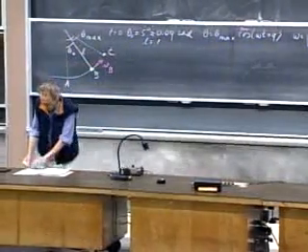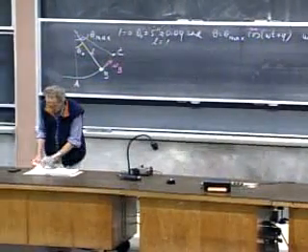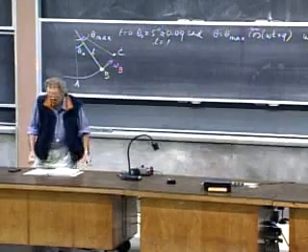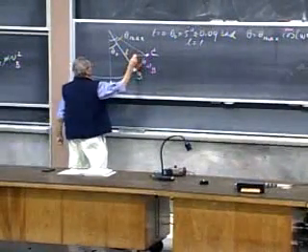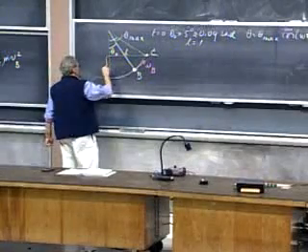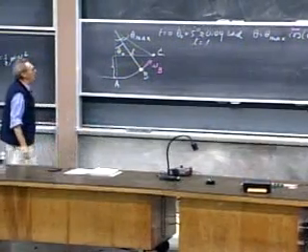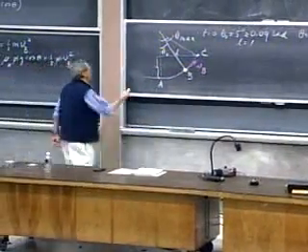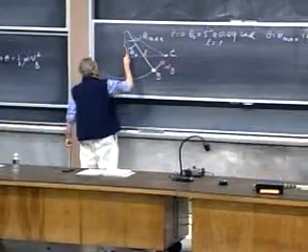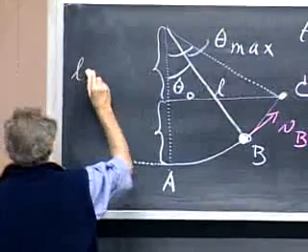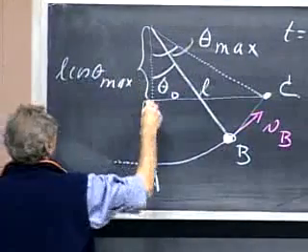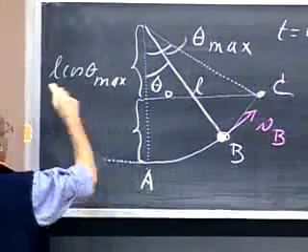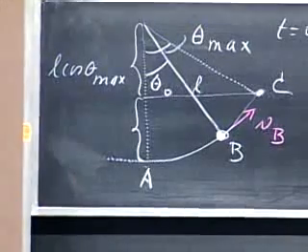And now a reasonable question is, what would be theta maximum? Well, if we knew this, then we would know what theta maximum is. Because this part here equals L times the cosine of theta max. And so this is L minus L cosine theta max.